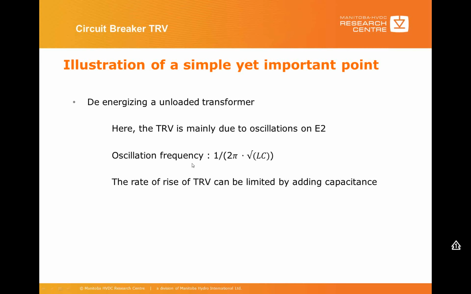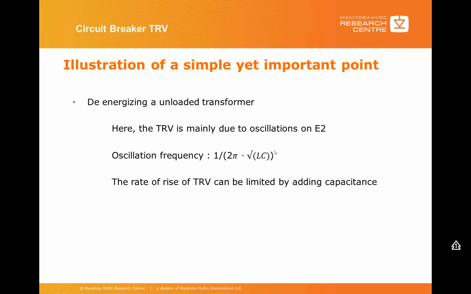Right? If you have a very high frequency oscillation, the rate of rise at the initial stage will be very high. If you have a low frequency, it means the rate of rise of the TRV will be lower. So pay attention to this simple equation.